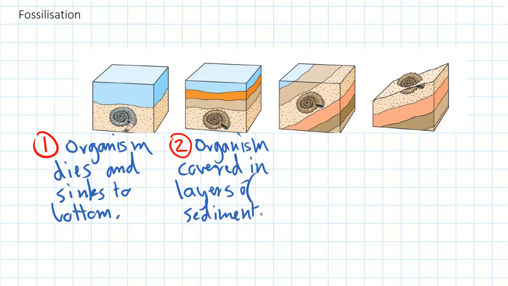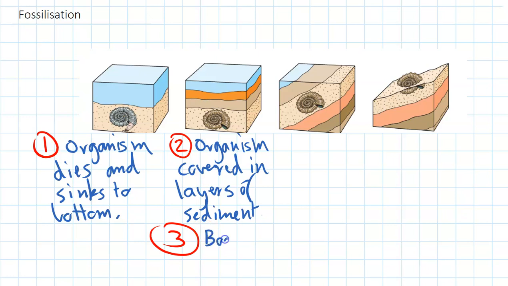And over time, when there's enough sediment on top of that dead organism, then it starts to compress it, and that causes the organism to actually turn to stone, so its body gets replaced by minerals. So essentially it gets turned to stone.